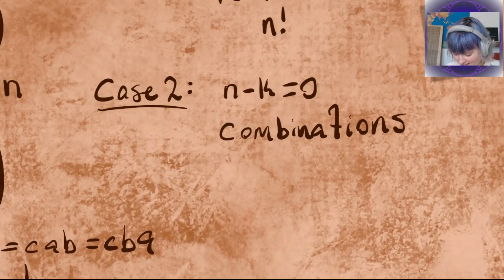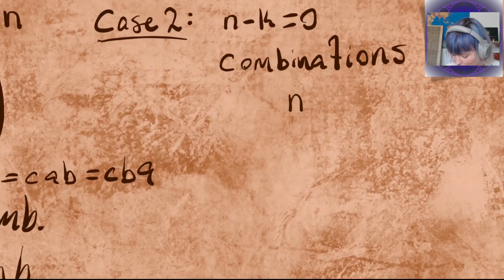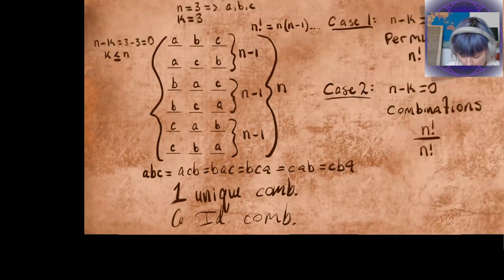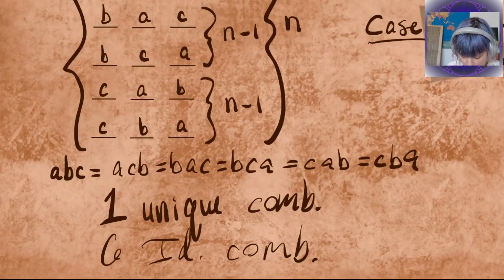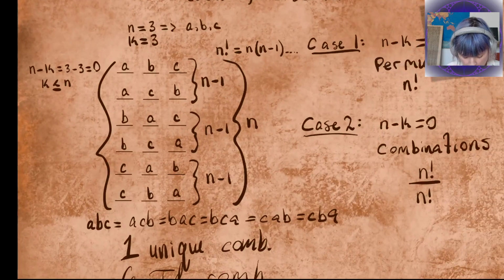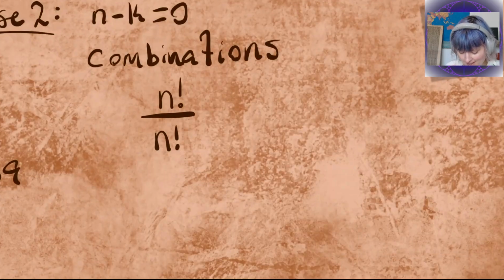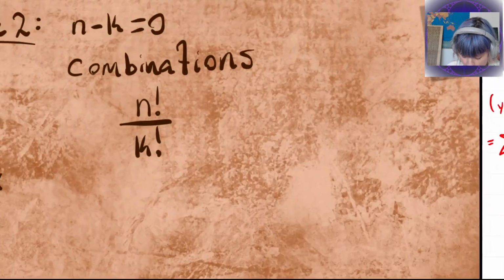For unique combinations, it seems like you have n factorial divided by n factorial, right? Because the amount of unique combinations here is 1. Maybe it's n factorial over n factorial, or maybe it's n factorial over k factorial. Not really sure.